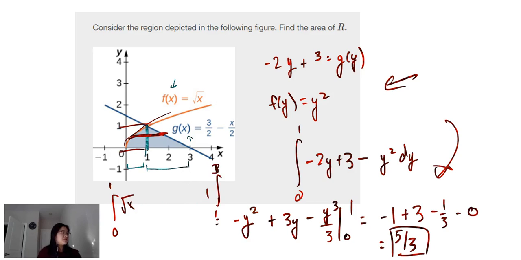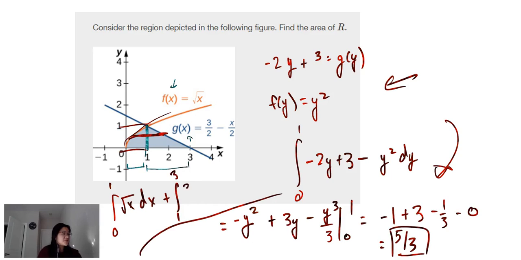It's just f. So we have dx plus our integral from 1 to 3 of g of x, which is 3 halves minus x halves dx. Either way, up to you. Alright, I think we're stopping at that. We'll make another one for volumes.